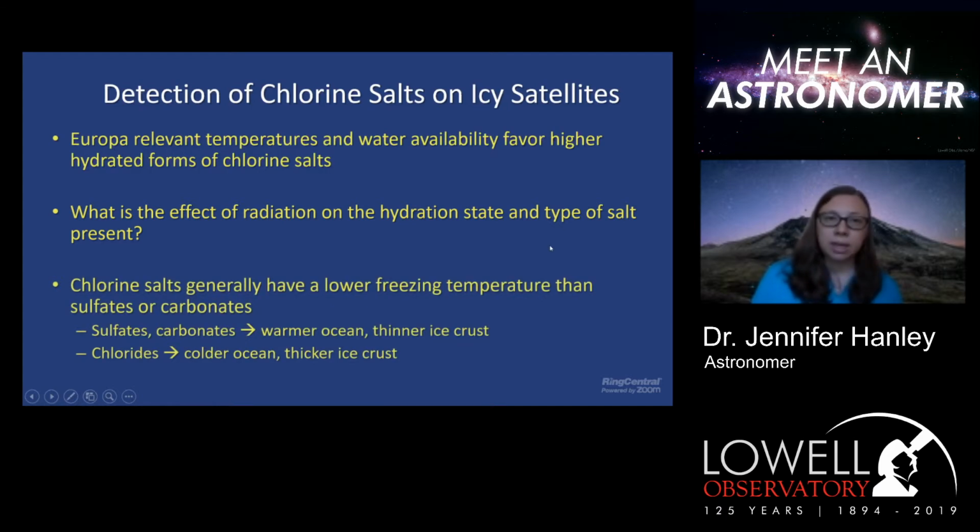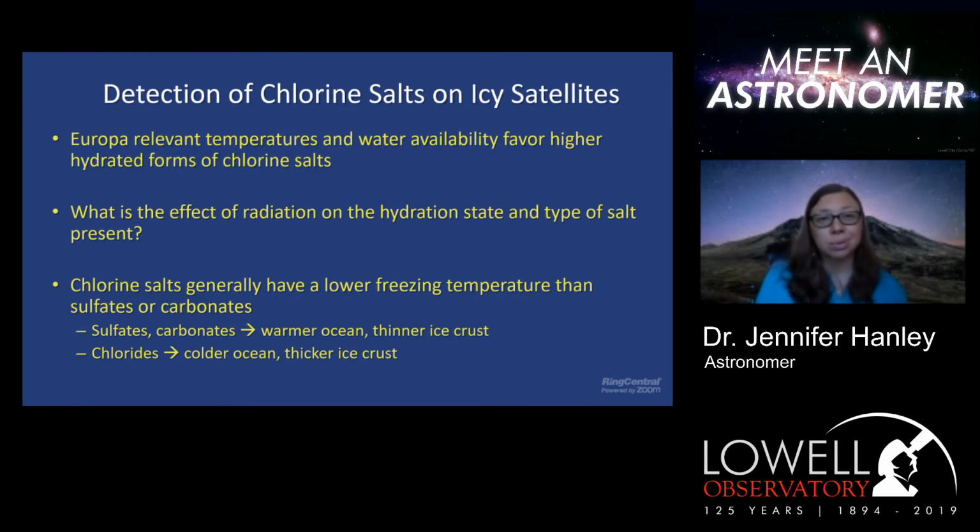As I've mentioned now a couple times, different salts lower the freezing point by different amounts. In Europa's case, sulfates tend to have a warmer freezing point, which means we probably have a warmer ocean and probably a thinner ice crust. However, chlorine salts would have a lower freezing point, so based on modeling, that would probably mean a colder ocean and a thicker ice crust.